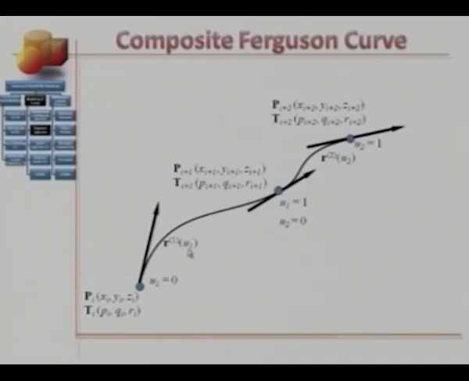Note that u1 and u2 both are supposed to vary between values 0 and 1. In other words, u2 greater than 1 will have no bearing on this portion of the composite curve, and u2 smaller than 0 will not affect the shape of this segment.